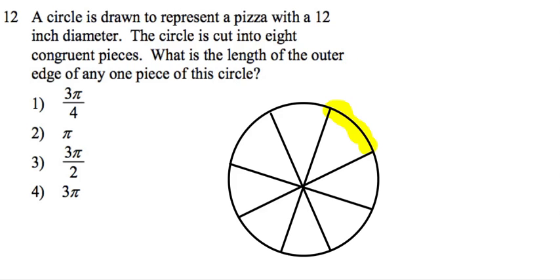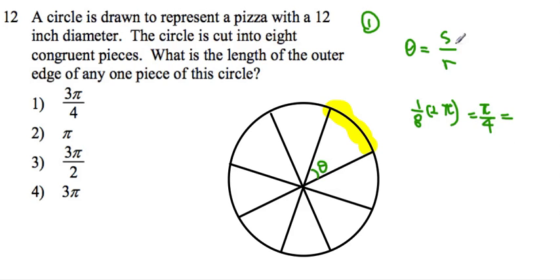Now, there are a couple different ways of doing it right away. First one would have been, let's try to use theta is equal to s over r. In order for you to use this strategy, which is from Algebra 2, what is the radian measure here, theta? The whole thing would have been 2 pi, but this is one out of 8 pieces. So we're looking at 1/8 of 2 pi, which is pi over 4.